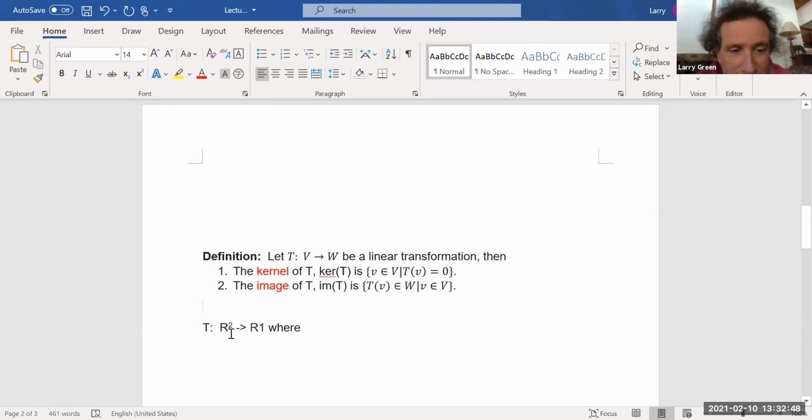Actually, maybe I shouldn't even do R2. Let me go, T goes from R3 to R2. But we're going to have a V. I think I need to do symbols here.